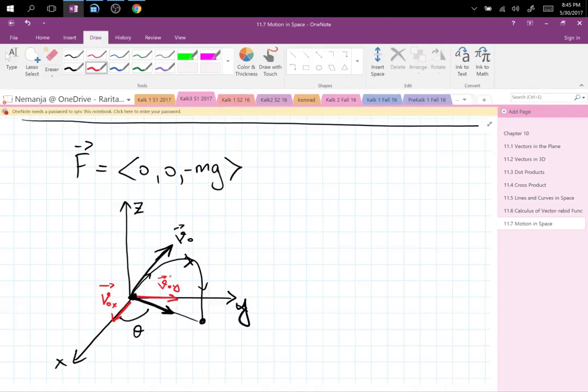The y component is the same. Z in this case.